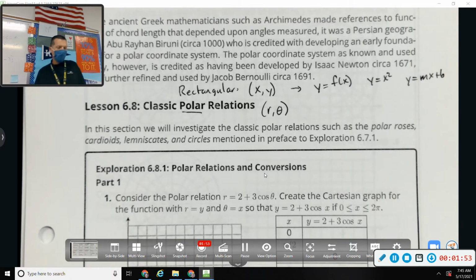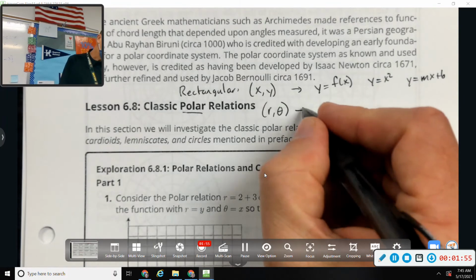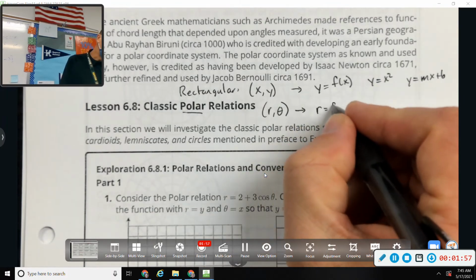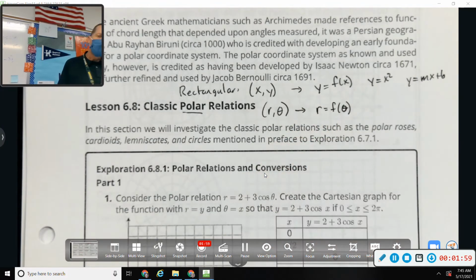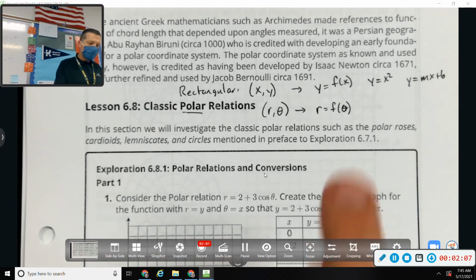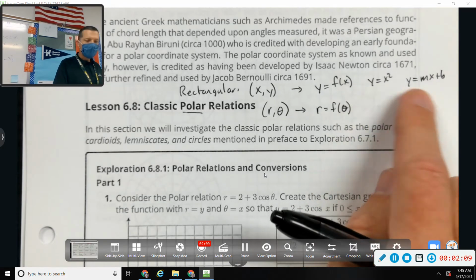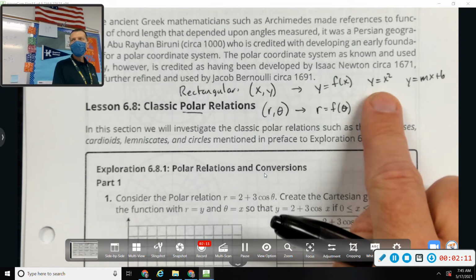Well, this week we're going to graph r as a function of theta. And this is completely new, so you're not going to get there immediately. But we hope to get to the point where you recognize, I think everyone knows what y equals x squared, what shape is that?